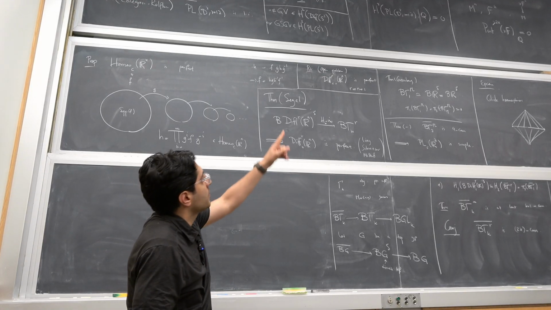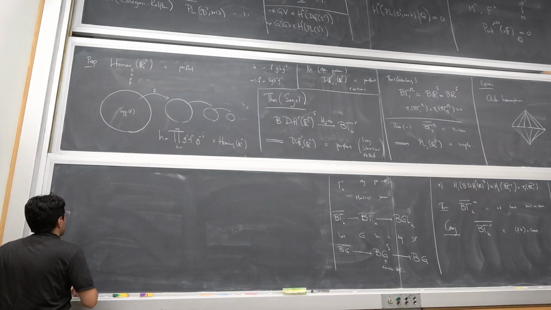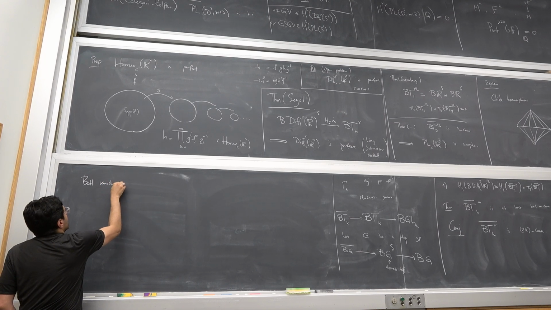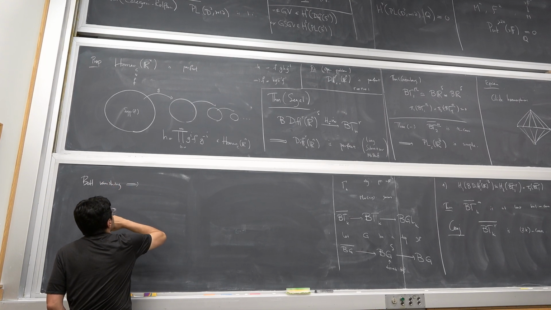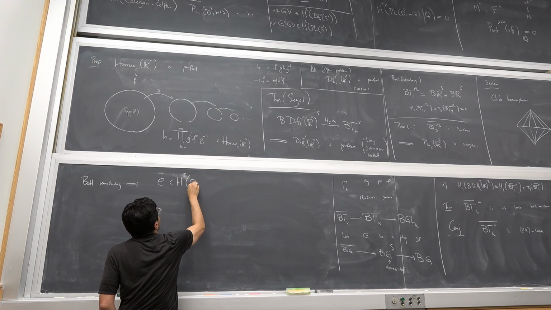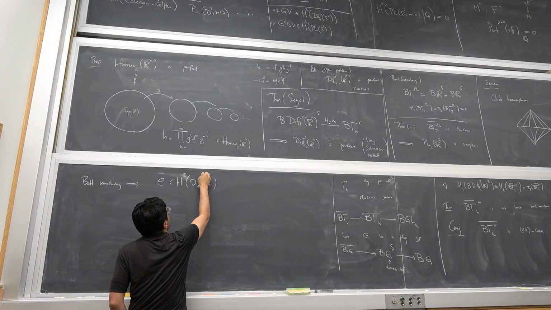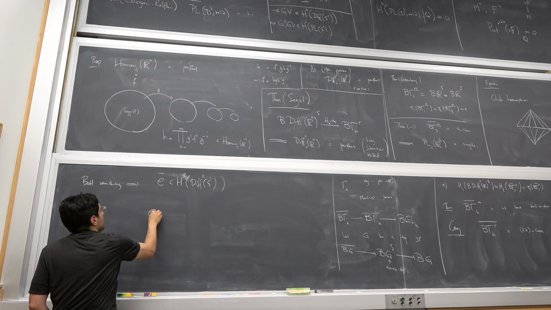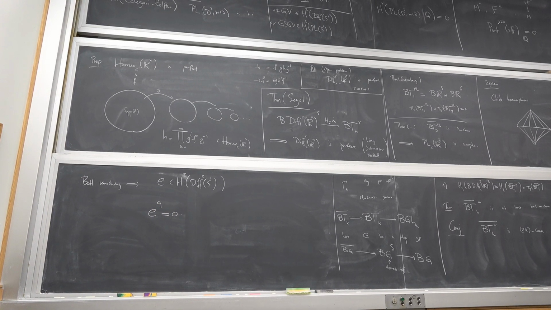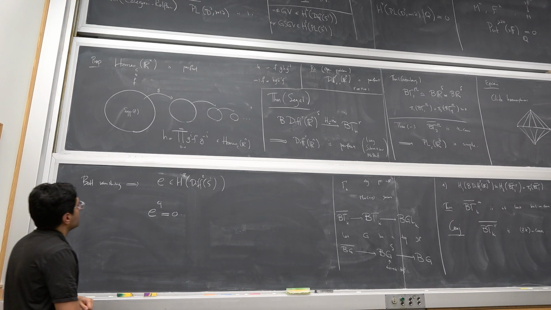And if you think about the condition on the codimension, it tells you that the Bott vanishing implies that when you think about the Euler class in H2 of the Diff of S1, say at least C2, it tells you that e to the power 4 is going to be 0. It's a consequence of Bott vanishing. Okay? It's not known whether e to the power 3 is 0, but it's known that e to the power 4 is 0.